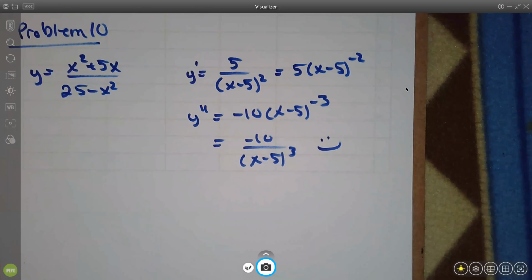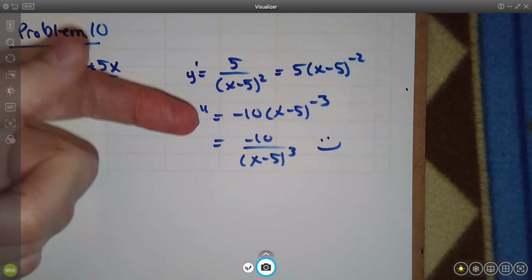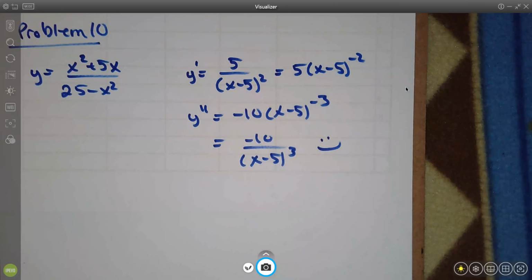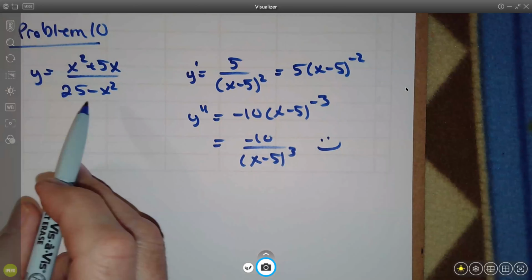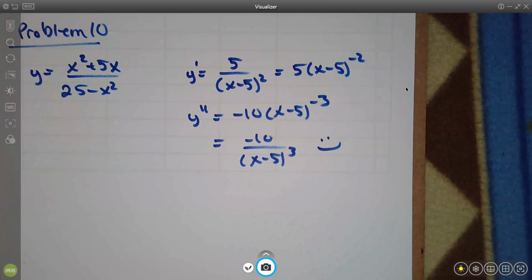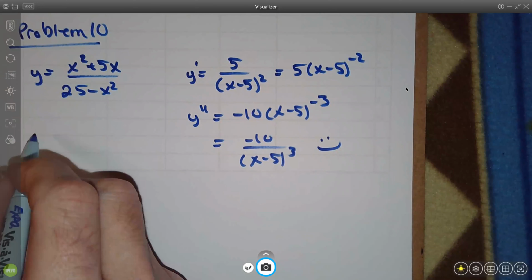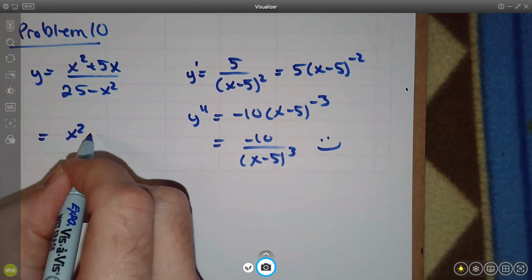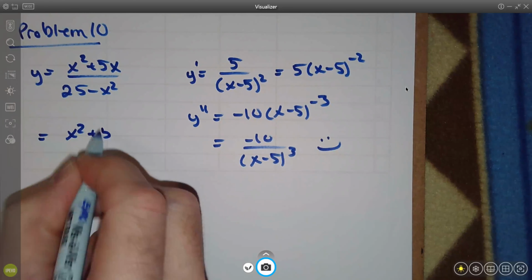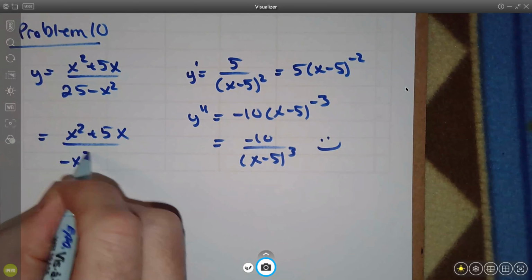Okay, so nice. So we've got the function, the first and second derivatives. That's great. Let's see what we can figure out about the function before we start graphing it. So in looking at the function, let me rewrite it like this: x squared plus 5x over negative x squared plus 25.